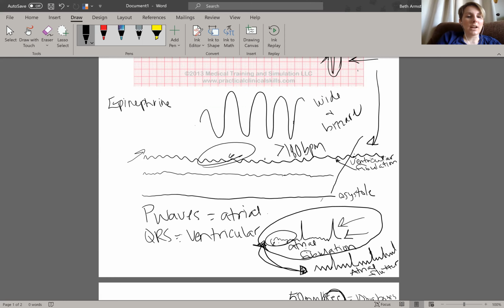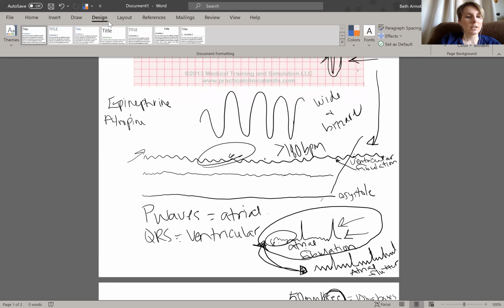That's the one that's going to help get that adrenaline going to start the heart. Atropine is to maintain the heart rate. So those are our big drugs that we want to give first. And then from there, we can give additional drugs as well.